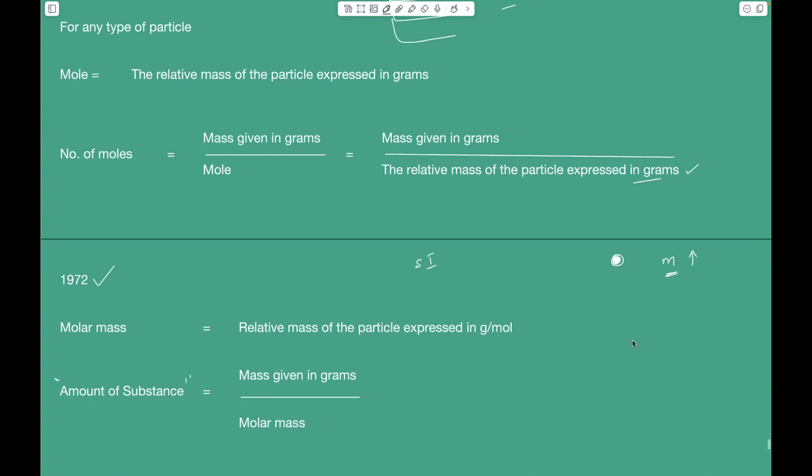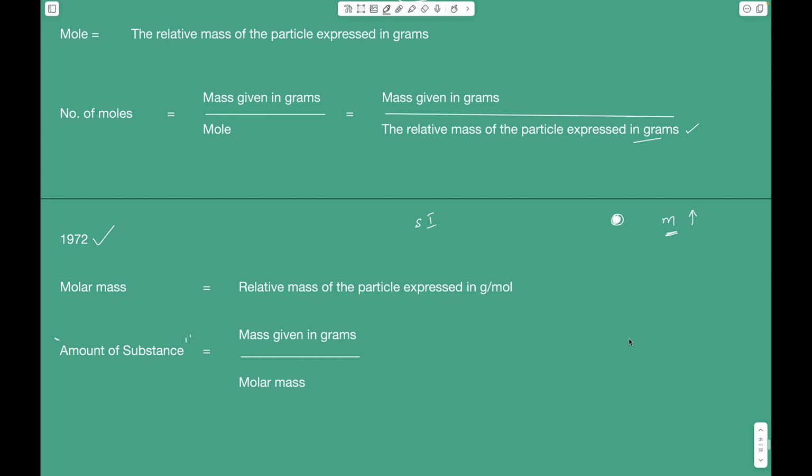But there is no fundamental physical quantity to represent the number of particles present in a system, like the number of atoms present in an iron bar, or the number of molecules present in a nitrogen gas cylinder, and so on.